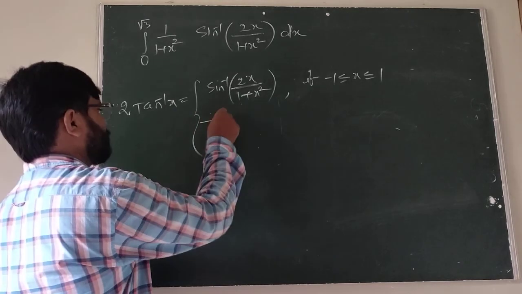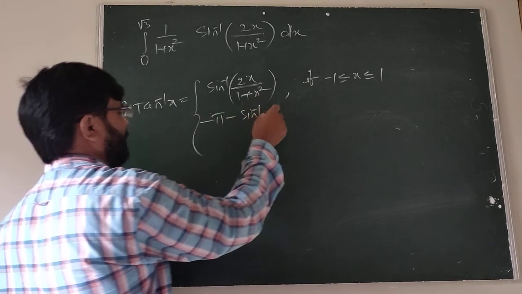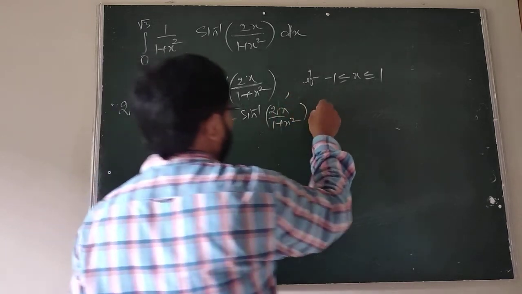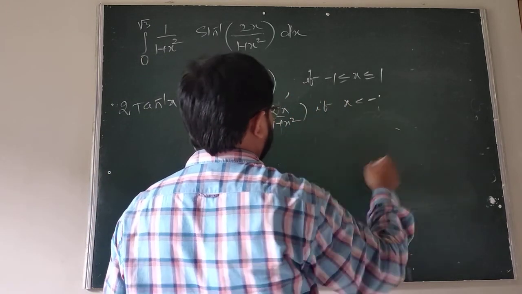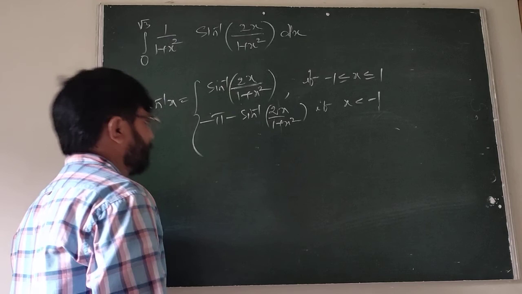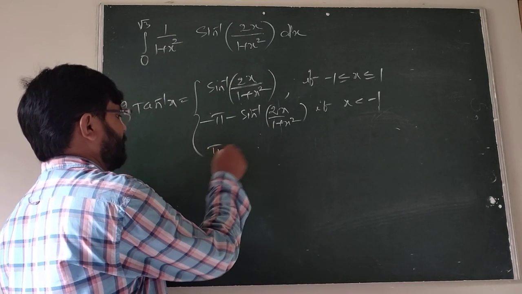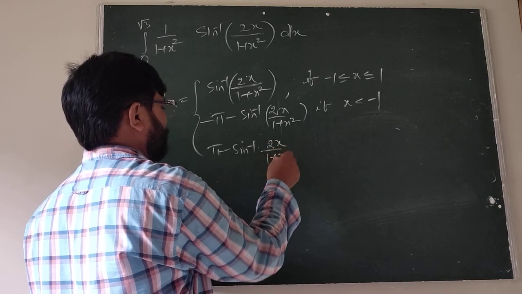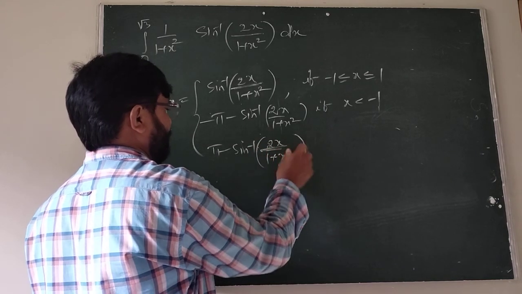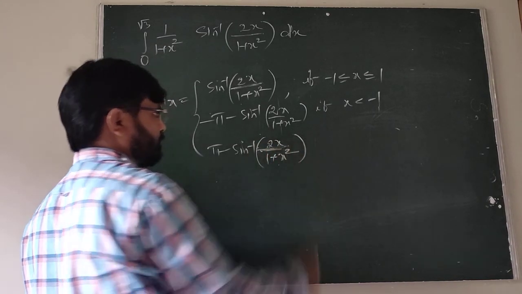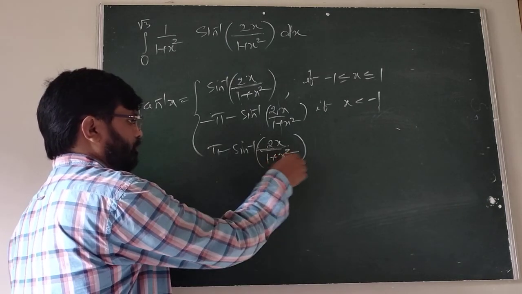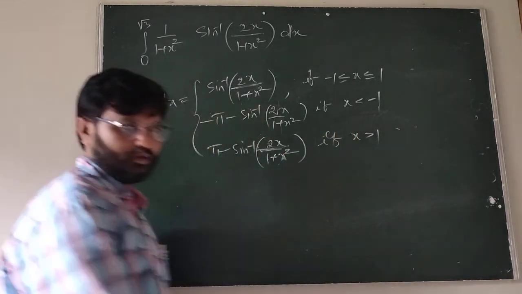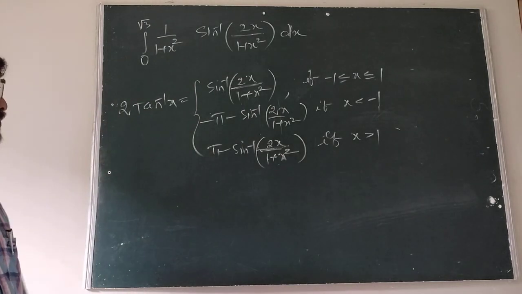It is minus pi minus sin inverse of 2x by 1 plus x square if x is less than minus 1, and pi minus sin inverse of 2x by 1 plus x square if x is greater than 1.